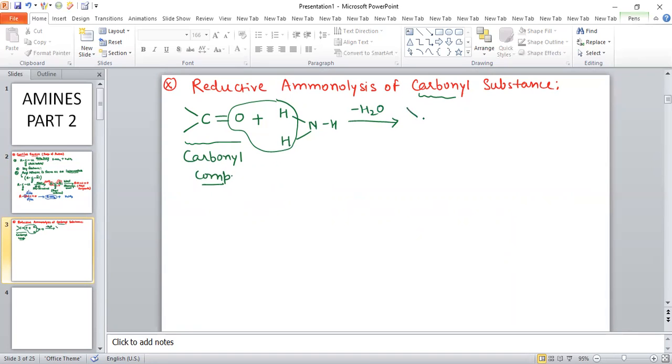After removal of water, this will form C double bond NH. This compound is obtained. And in the next step, when we use nickel and hydrogen, we know this hydrogen in presence of nickel is a very strong reducing agent.